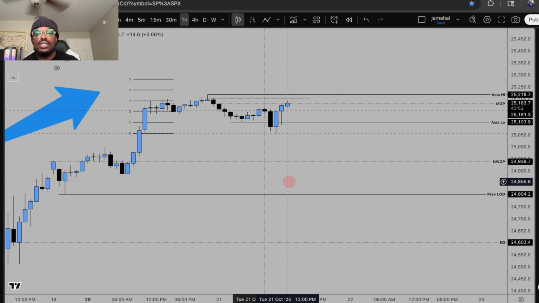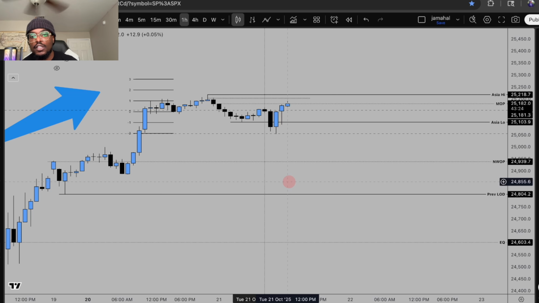Now, we use this range specifically to be able to anticipate where the high of the day or the low of the day could possibly be formed. The only reason why we don't incorporate the central bank dealers range is if there is a news catalyst that's going to cause the market to behave how it behaves when news is involved.